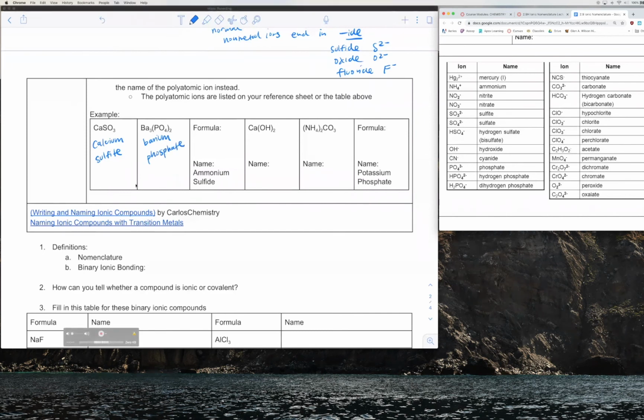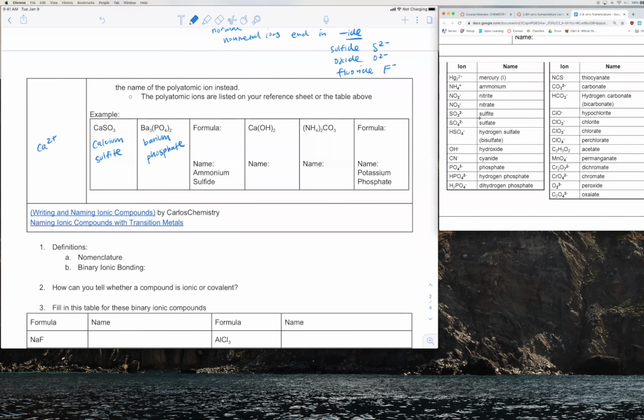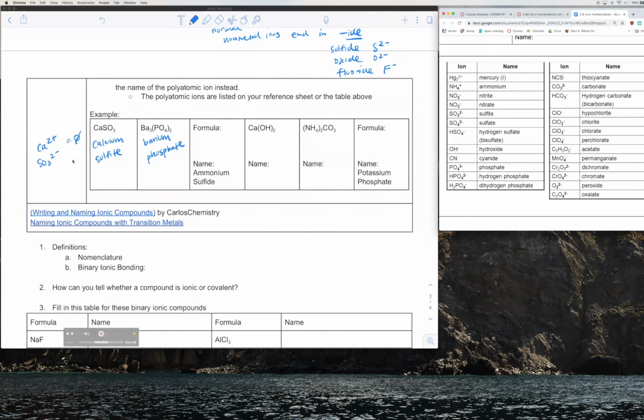If you want to double check that you chose the correct polyatomic ion, you can balance out the charges and make sure they cancel out to 0. For example, here you have calcium, which is 2+, and sulfite is SO3 2-. These charges balance out to 0. Same thing with barium phosphate.